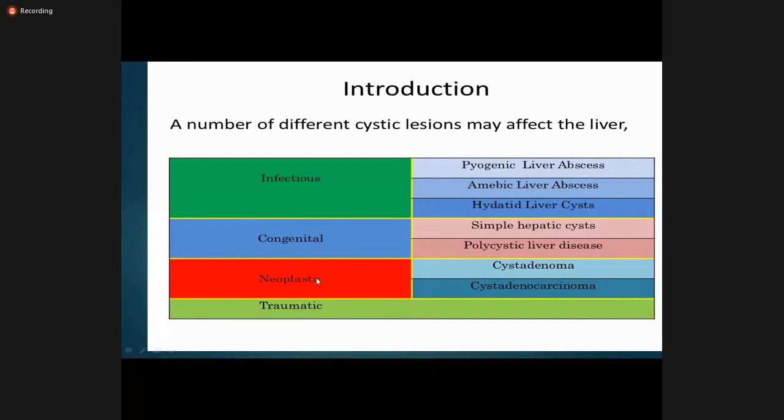Cystic lesions in the liver which may be neoplastic could be cystadenoma or cystadenocarcinoma, or the cyst may be after trauma. These are broad categories: infectious, pyogenic, amoebic, hydatid cysts being the commonest; congenital, simple hepatic cysts, polycystic liver disease; the neoplastic cystadenoma, cystadenocarcinoma; and post-traumatic.